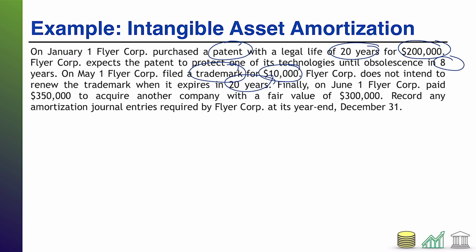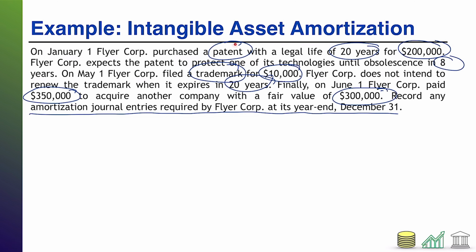And finally, we got a lot going on in this problem. On June 1st, FlyerCorp paid $350,000 to acquire another company with a fair value of $300,000. Record any amortization journal entries required by FlyerCorp at its year-end, December 31. Whew, that's a lot. Now, notice I've given you 3 different intangibles up here.